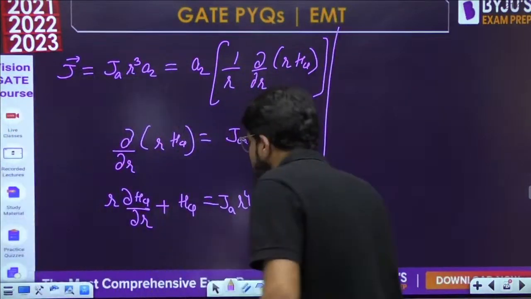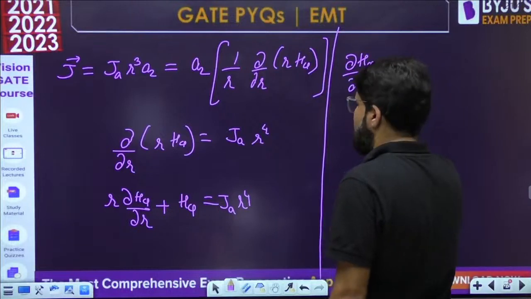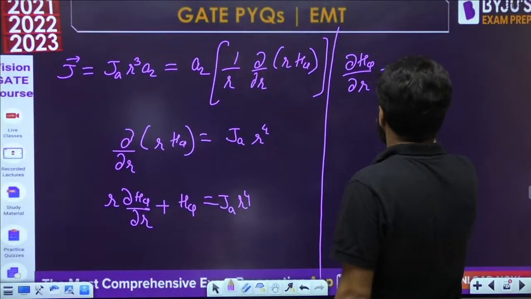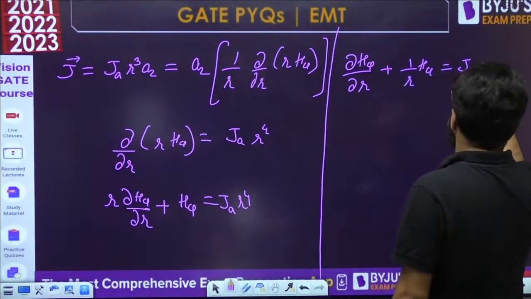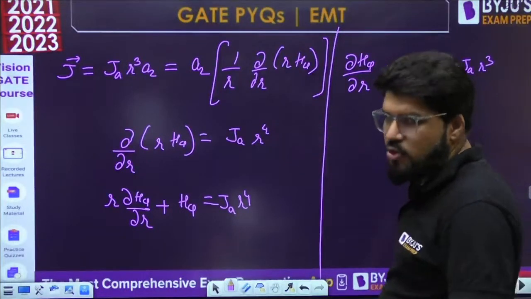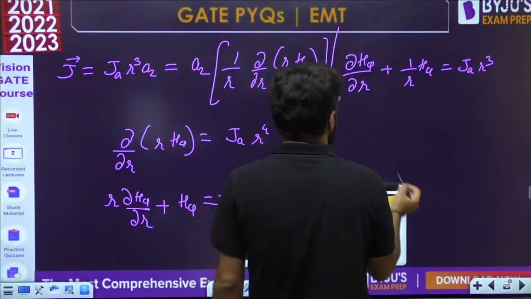Rearranging this a little, you get a differential equation: del H phi by del r plus 1 by r H phi is equal to J a r cube. I've divided by r throughout. You know what this equation is?